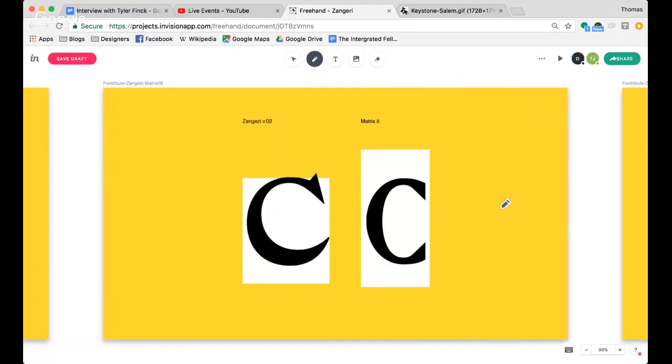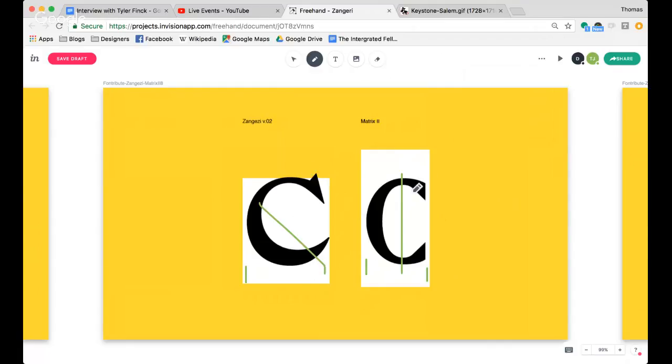So I felt like this design really behooved itself to show the capitals in some way, because I thought there were very big differences. In the lowercase, it seemed like there were some similarities, but in the capitals, I felt some very big differences. One is the widths, right? Notice the much narrowness of the Matrix C capital versus the wideness of the Zangezi. But also, again, there's a very strong vertical energy versus the slanted energy approach.